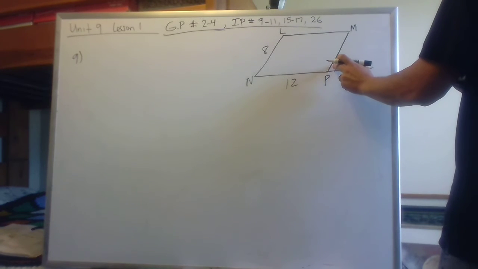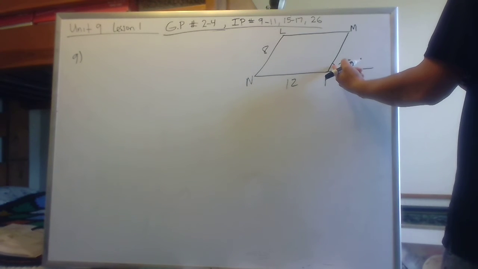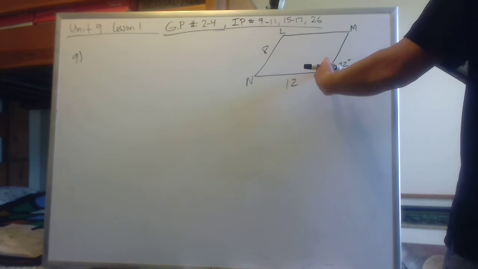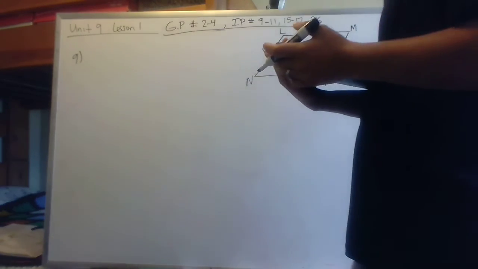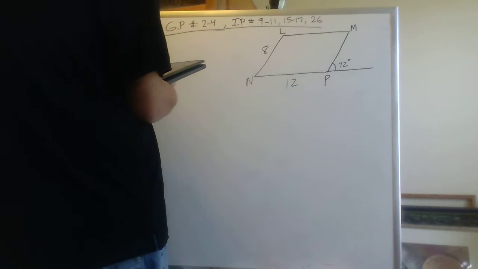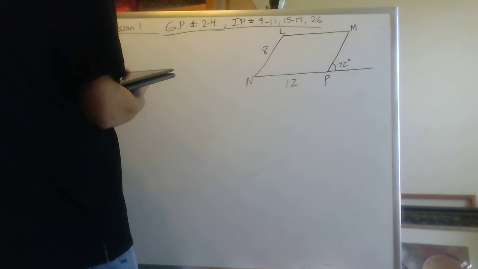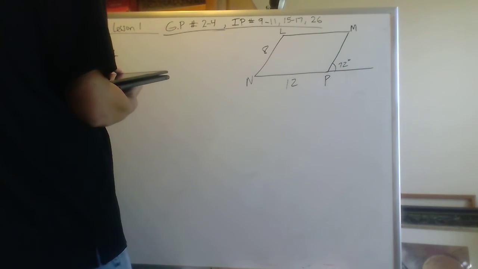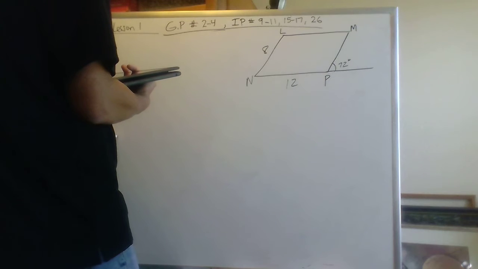Basically the exterior angle of angle P, because the interior angle for P is right here, but the exterior angle for P that's connected to this extension, this exterior angle is 72. So number 9 wants us to find the angle for L, and 10 wants us to find the length of NP, and 11 wants us to find the measurement of angle M.